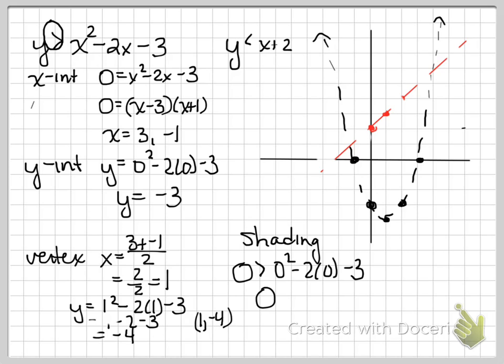Is 0 greater than negative 3? Yes, it is. So this one's true, so that means we need to include 0, 0, which is on the inside of my parabola. So I'm going to shade on the inside.